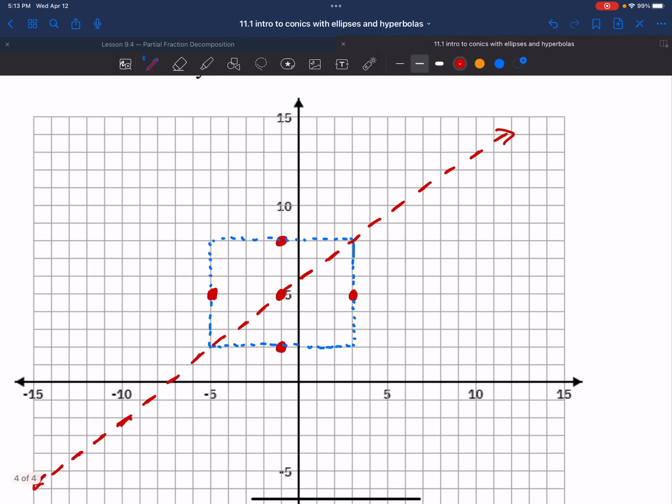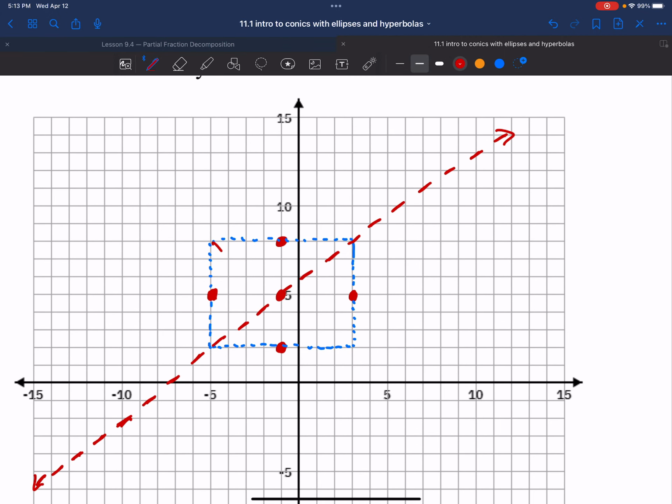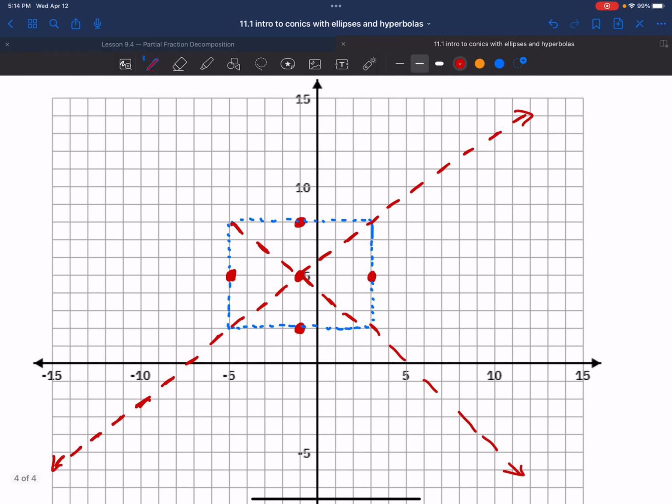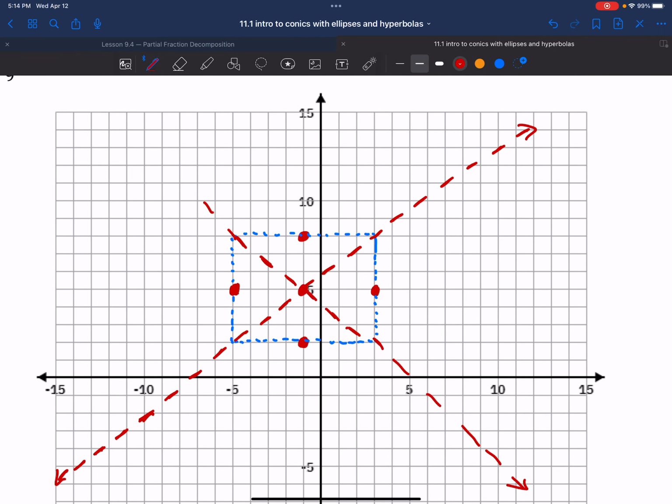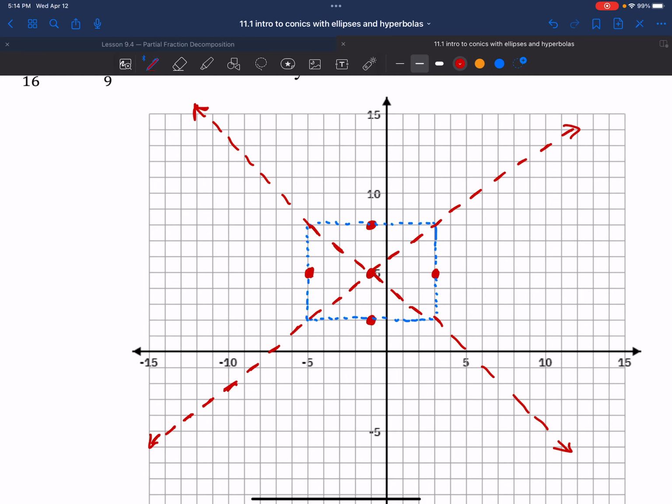That's my first one. And then I'm going to draw the next one. Kind of like this. I'm just trying to be as accurate as we can. And this one goes like that. Okay, so those are my asymptotes, right?